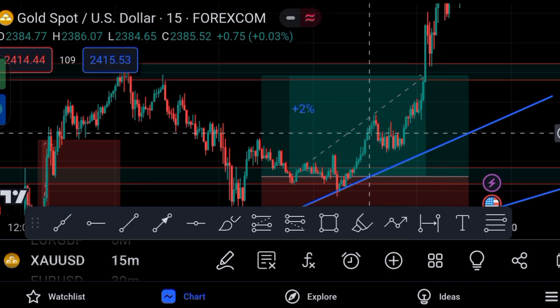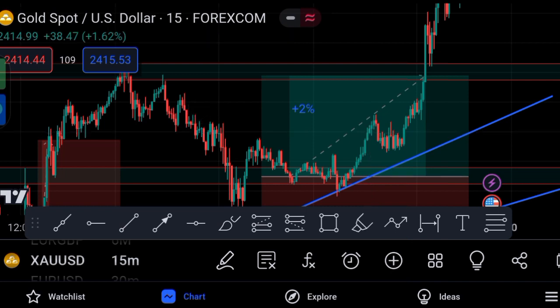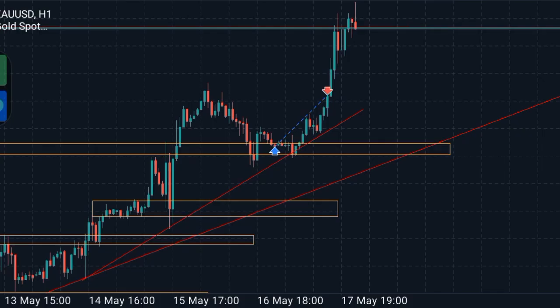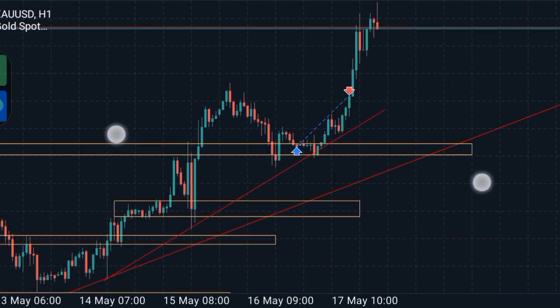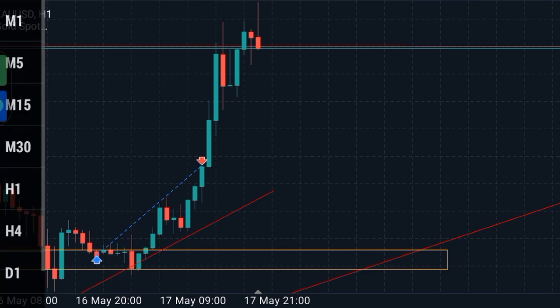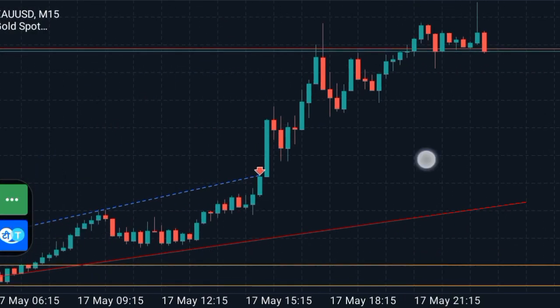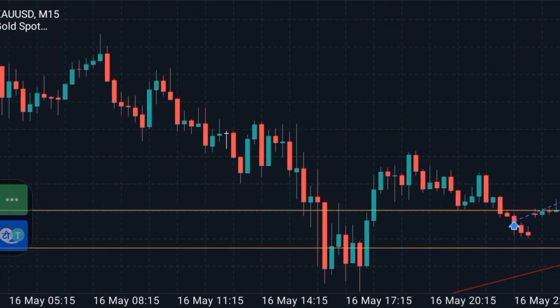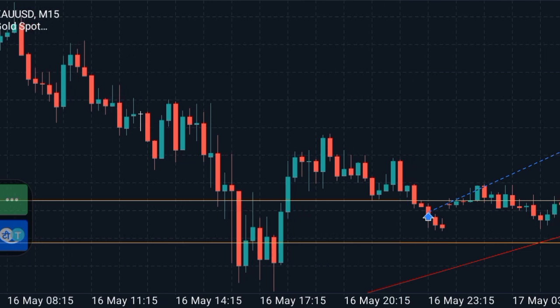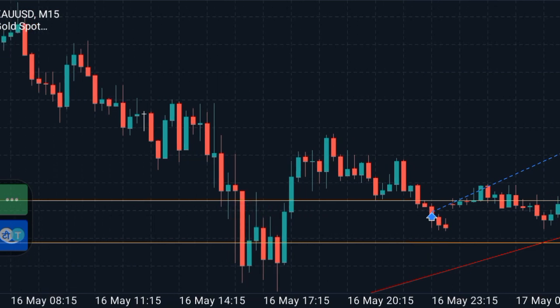So let me show you the trade on my MT5, because this is TradingView, and let me show you the trade that I took on MT5. So as you can see, this is my gold chart on MT5, and one beautiful thing about MT5 is they show you exactly where you enter the trade. So after I went down to the 15 minutes time frame, let me show you clearly, I saw that this high here had been taken out by this high.